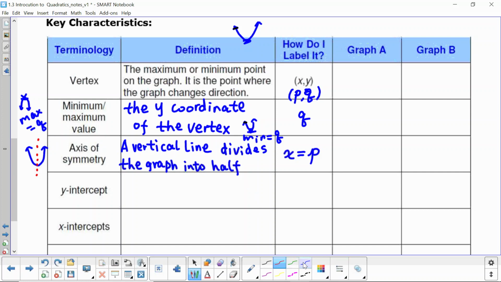And the y-intercept is the point of intersection of the graph and the y-axis.